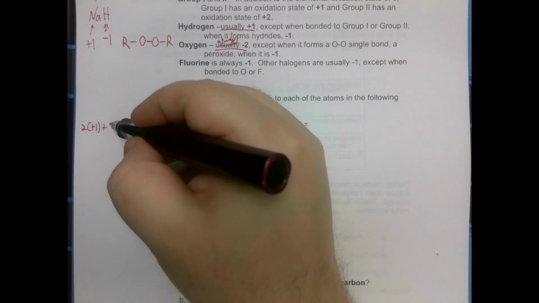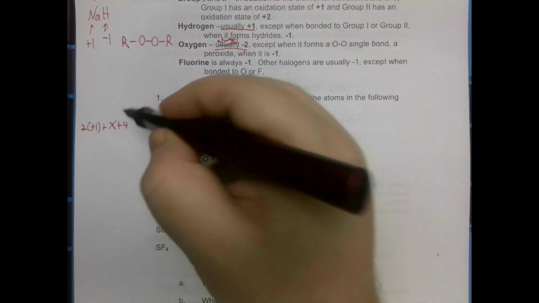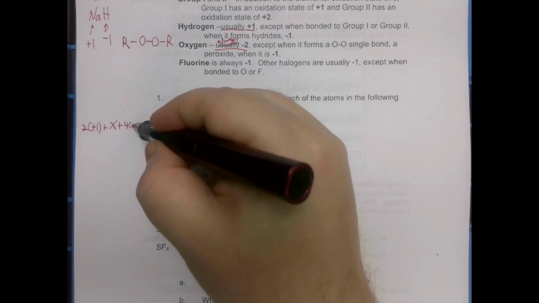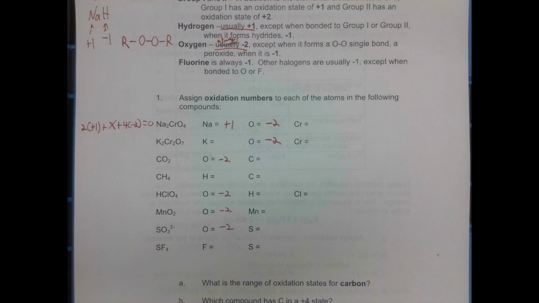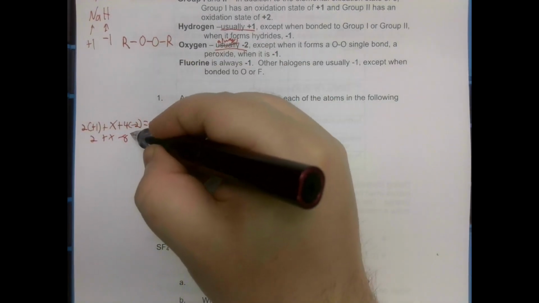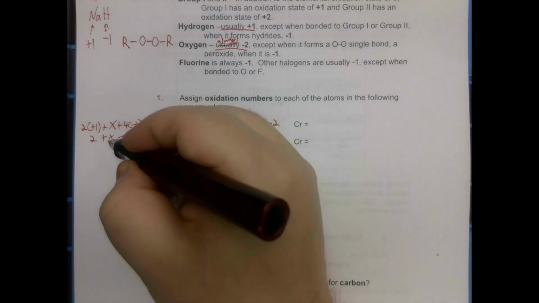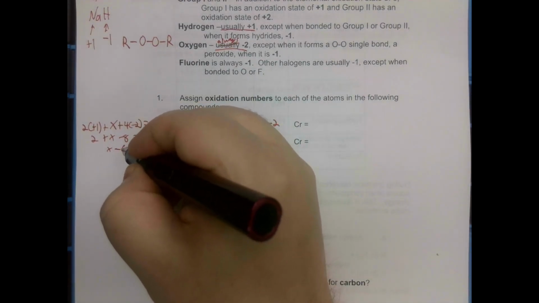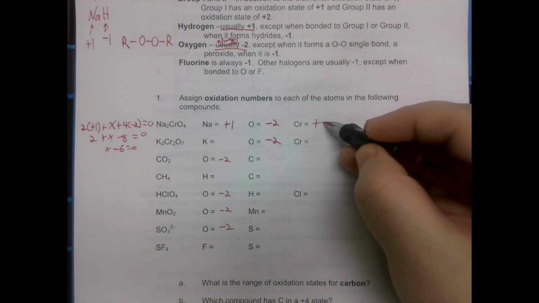And Cr, which I'll let be X, we've got 4 oxygens, and oxygens are -2, and all this must sum to equal 0. So that'd be 2 plus X minus 8 is equal to 0. 2 minus 8 is -6. So what must X be? +6.